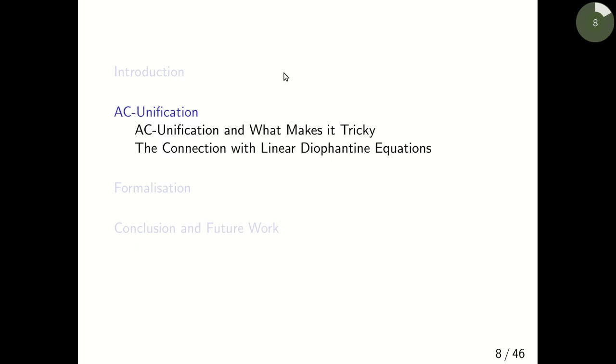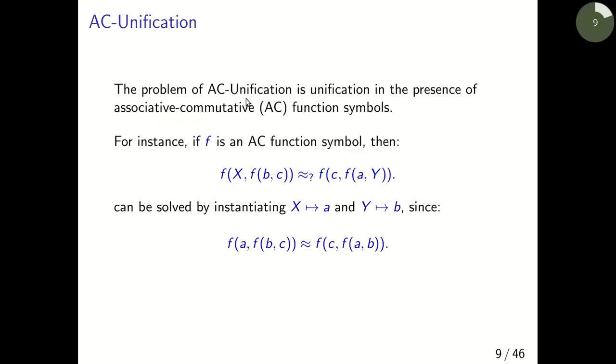Okay, AC unification. The problem of AC unification is unification in the presence of associative-commutative function symbols. For instance, if f is an AC function symbol, then these two terms, f of x, f of b c, and f of c, f of a y, can be made equal if we instantiate x to a and y to b.